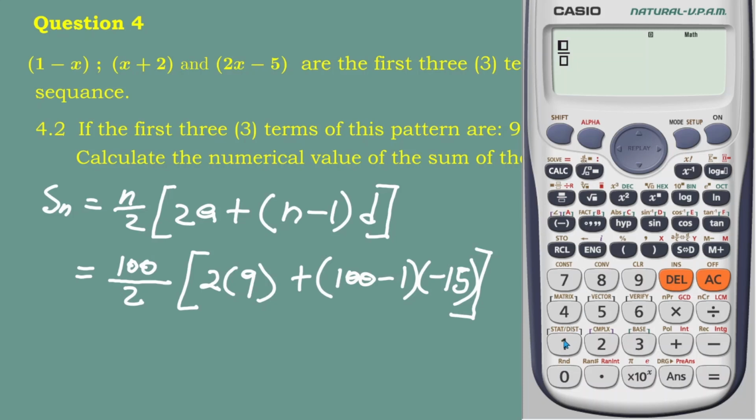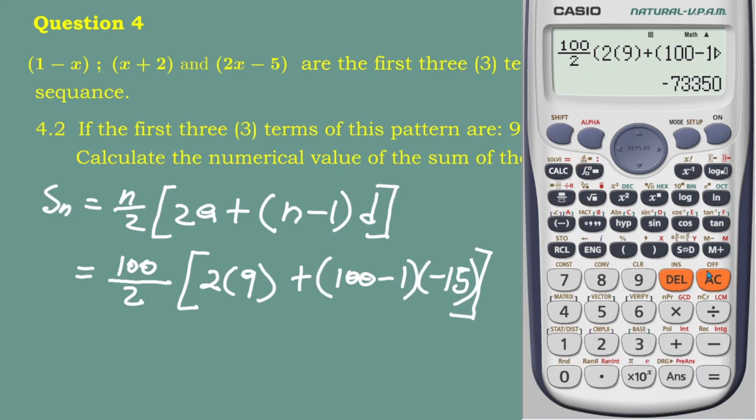I'll make 100 over 2, and then open brackets 2 multiplied by 9, close bracket, plus open bracket 100 minus 1, close brackets, open brackets again, negative 15, then close brackets, then close brackets for the bigger one.